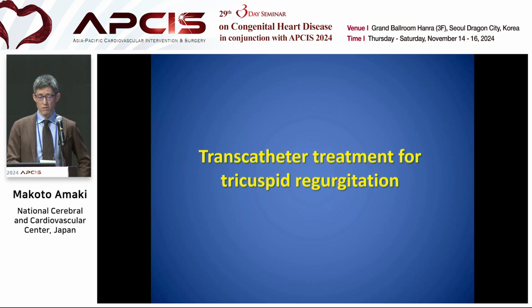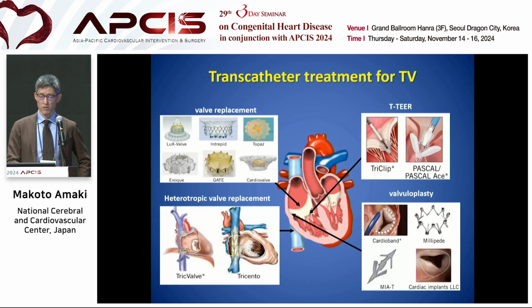Lastly, I would like to introduce the transcatheter treatment for tricuspid regurgitation. There are two major devices: the TriClip, which is close to the MitraClip, and also the Evoque, which is a valve replacement. There are other devices coming, but I think these two are the most widely used, and I think they will be coming to Asia in the near future.